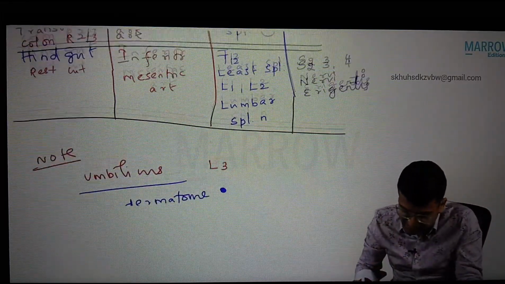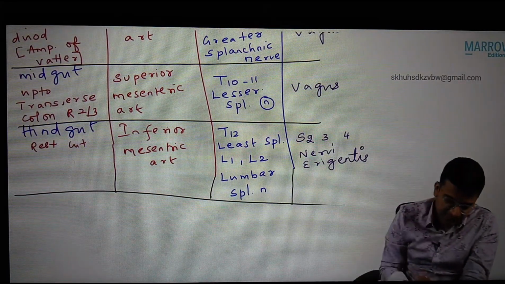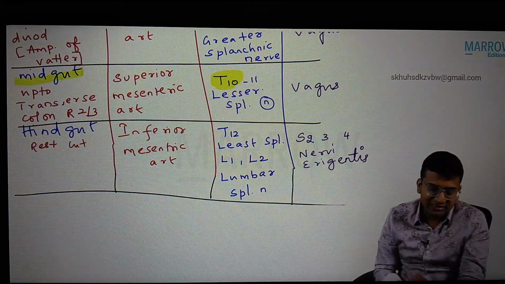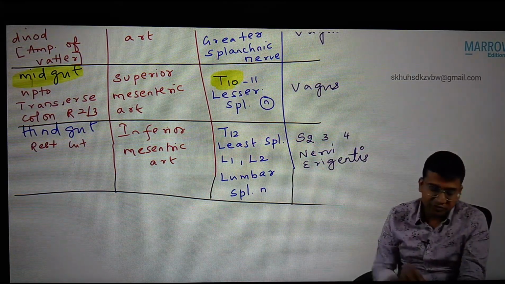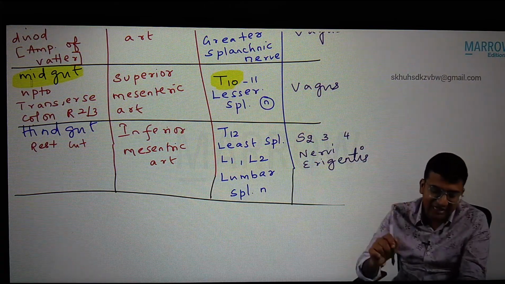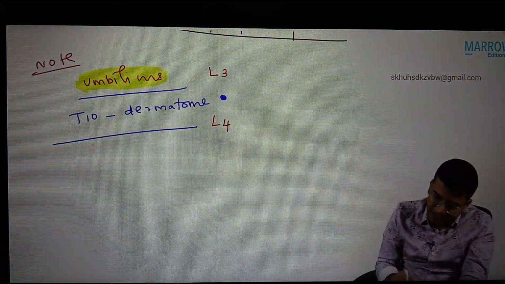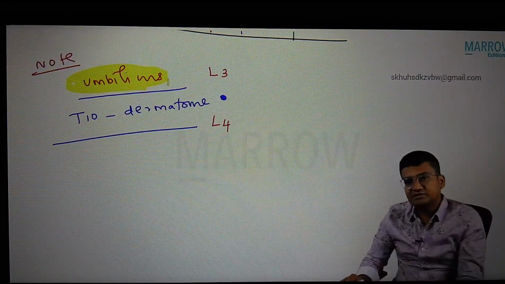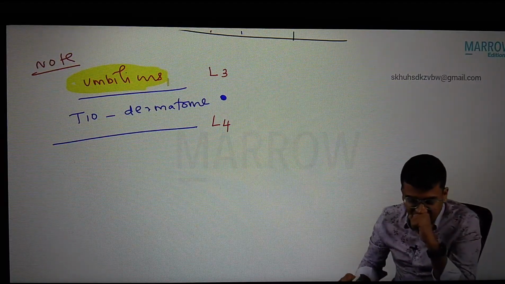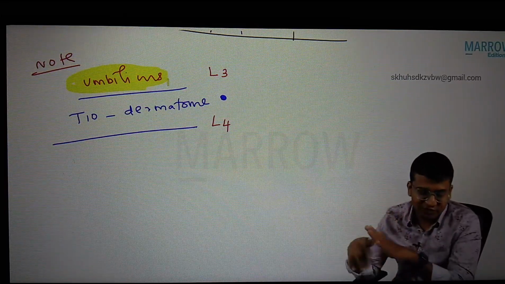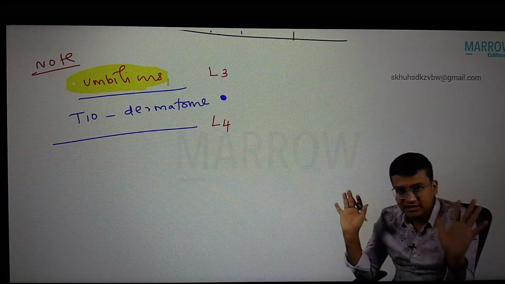So the T10 fiber also carries sympathetic fibers from the midgut tube. Any pathology in the midgut, the pain will be referred to the umbilicus, because of the same segmental innervation, the same T10 fiber supplying. Is that clear?